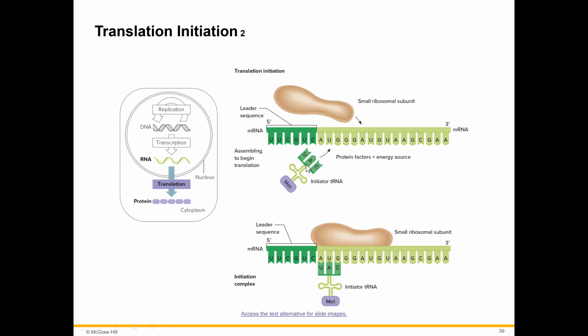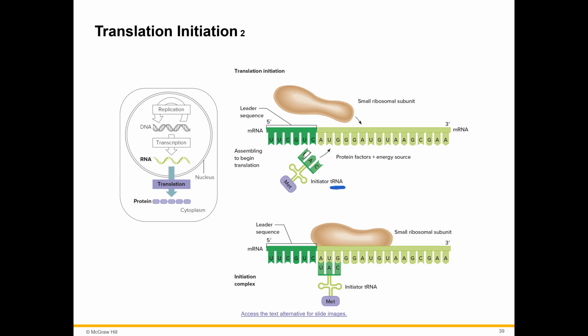So here's what happened. We have our messenger RNA, and the beginning of the messenger RNA will attract a protein called the small ribosomal subunit. You see how it attaches itself to mRNA, and we have a first tRNA.